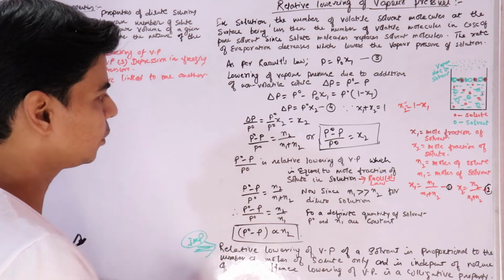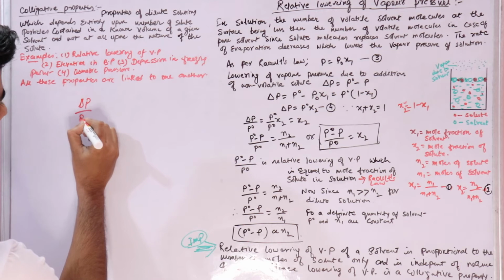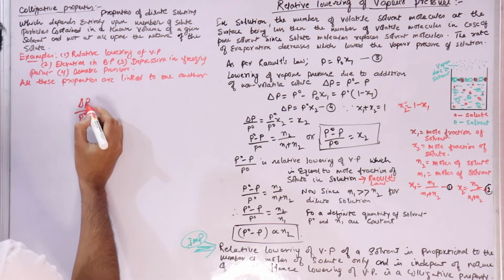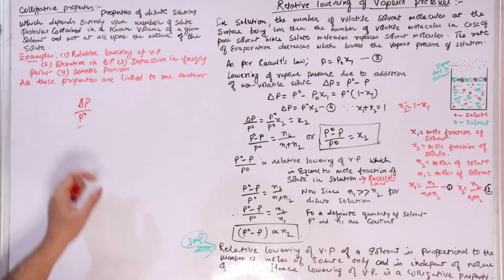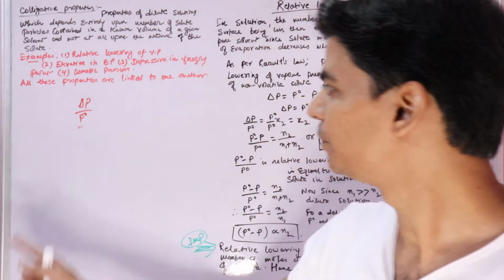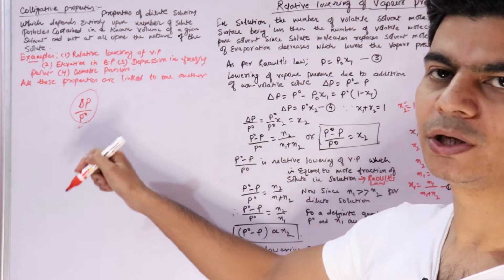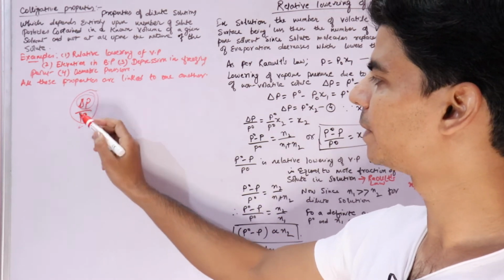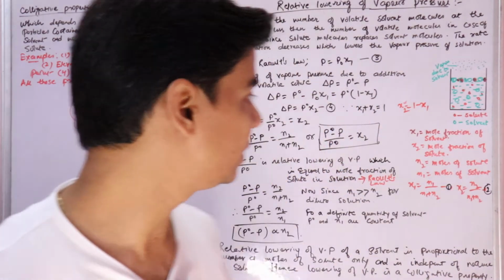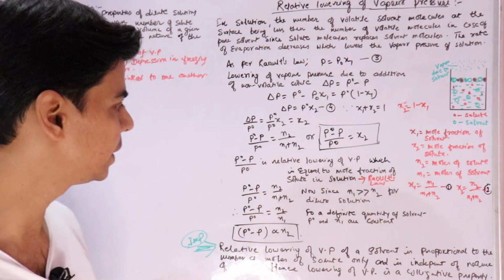So this delta P upon P0 is lowering of vapor pressure compared to the vapor pressure of pure solvent, right? So this expression is known as relative lowering of vapor pressure. Lowering of vapor pressure relative to that of pure solvent, which, as we have calculated, is equal to the mole fraction of solute, right?